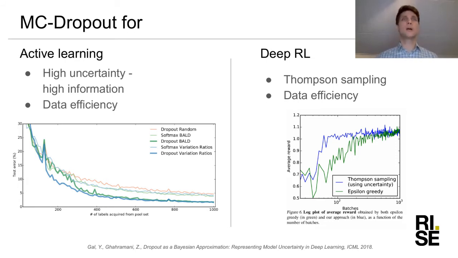They view high uncertainty as high information, and select training data points that way. It learns a bit quicker than the baseline method. They also train deep reinforcement learning agents using Thompson sampling, sampling data to optimize the cumulative reward, and you get increased data efficiency in the same way here.